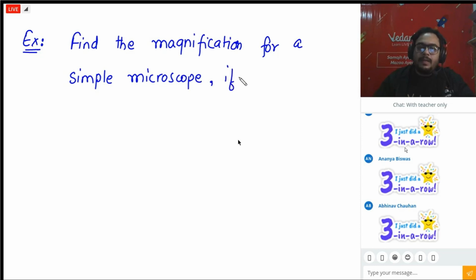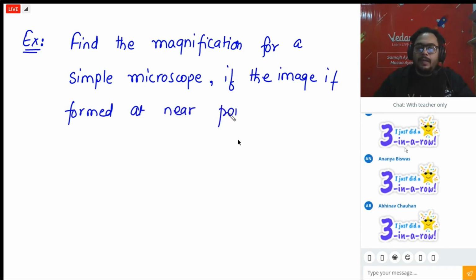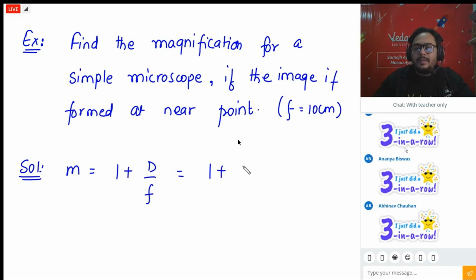If the image is formed at near point, what will be the magnification? So simply I can use, if the focal length is given to me, let me say 10 centimeter, the magnification will be 1 plus D by F, and you can simply say 1 plus D is 25 centimeter, focal length is 10 centimeter, so you will get 3.5, and that is the magnification.